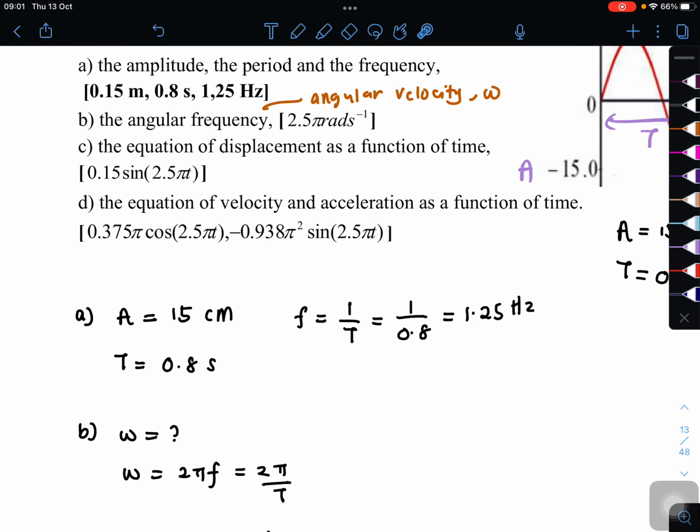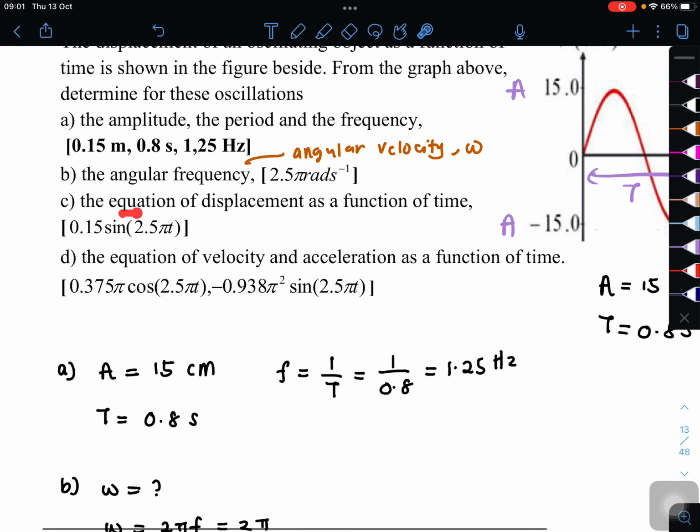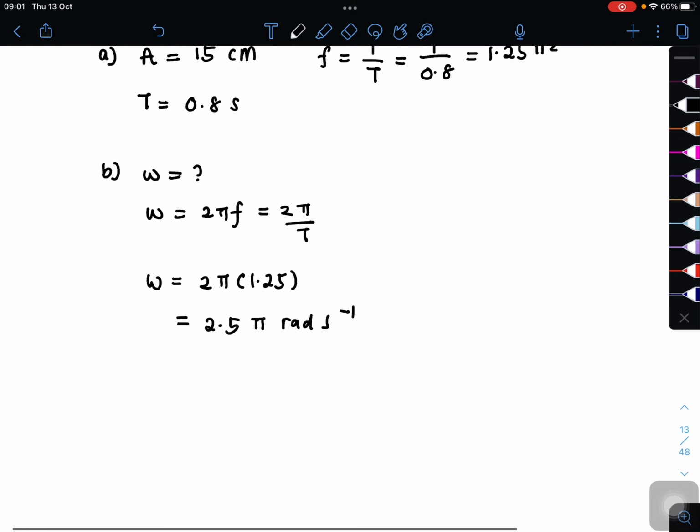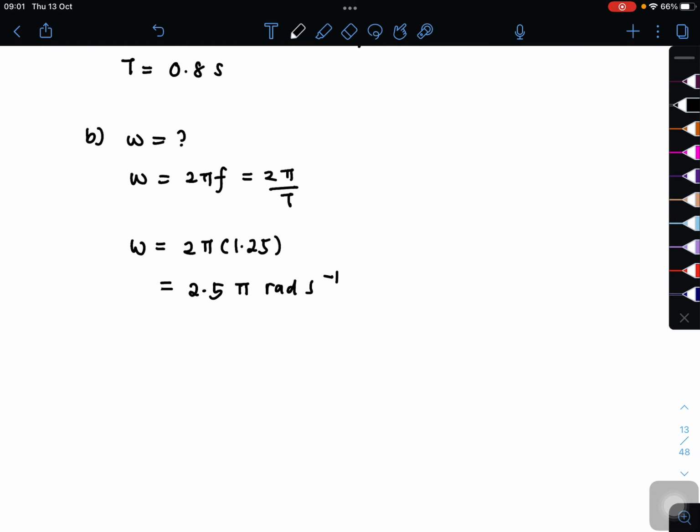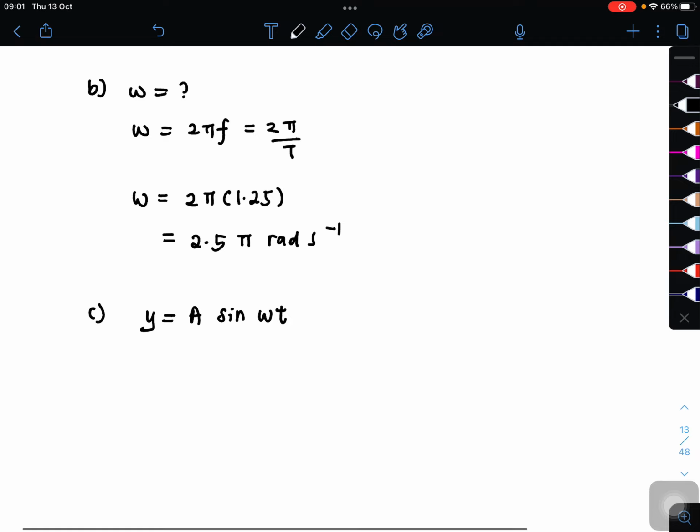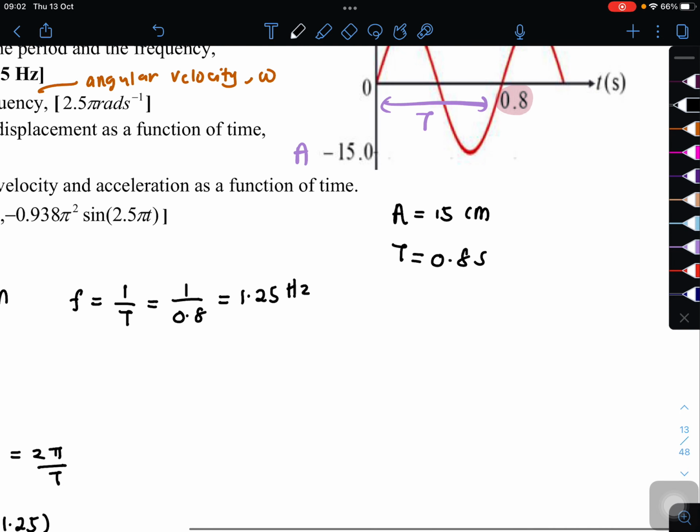Okay, next one we want to determine the equation of displacement as a function of time. The general equation is y is equal to A sin omega t. So we just substitute the values of A and omega. The value of A we got earlier is 15 centimeter.